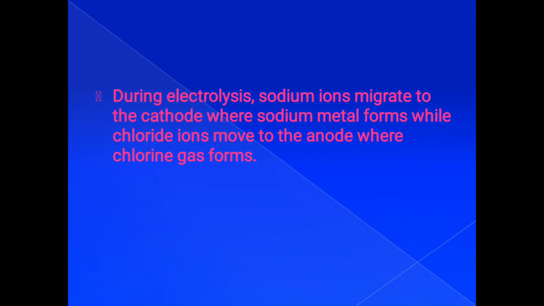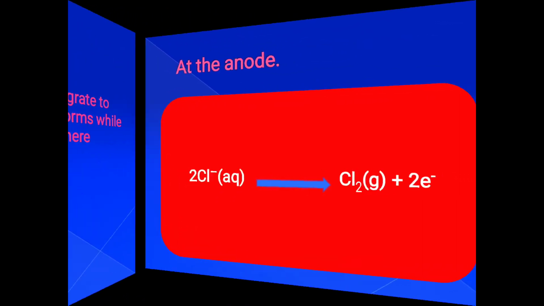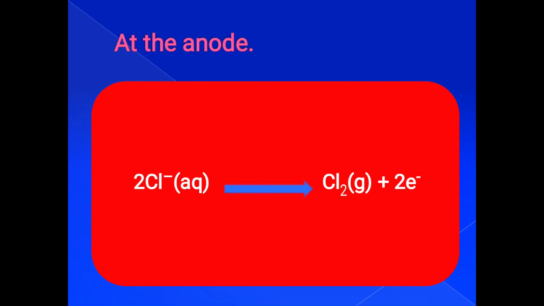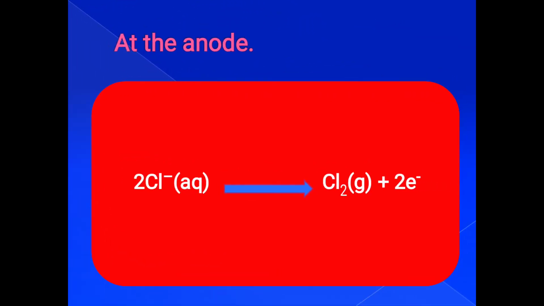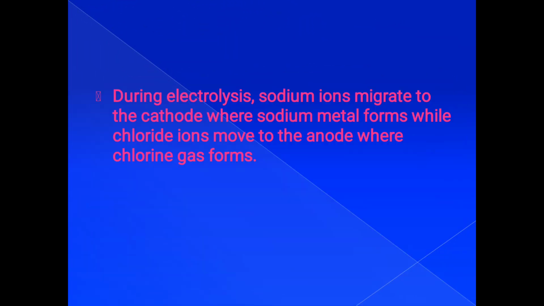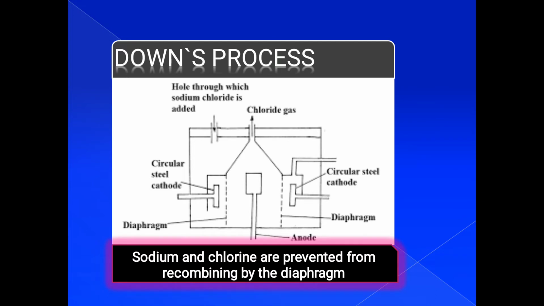During electrolysis, sodium ions will migrate to the cathode where sodium metal forms, while the chloride ions move to the anode where chlorine gas forms. We look at the equation at the anode. So we have our anode here.